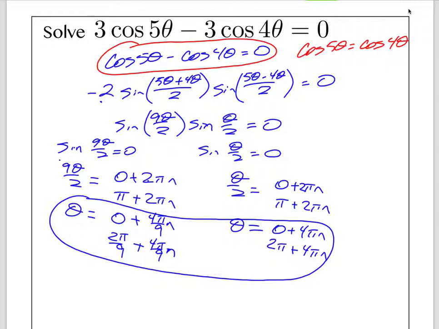If I plug 2 pi over 9 in there, that gives me cosine of 10 pi over 9, and if I plug it in here, that gives me cosine of 8 pi over 9. So I'm assuming that if I take my calculator out, and I need to be in radian mode, those two things will equal each other. Let me check that for you real quick.